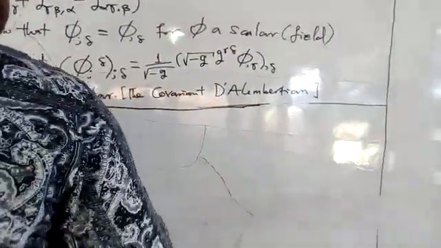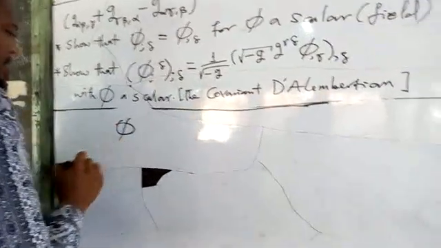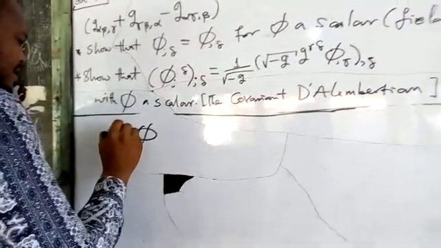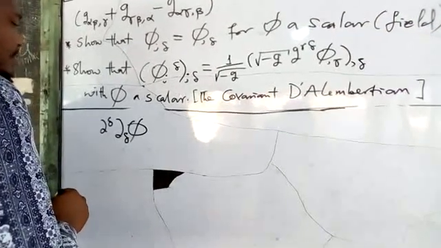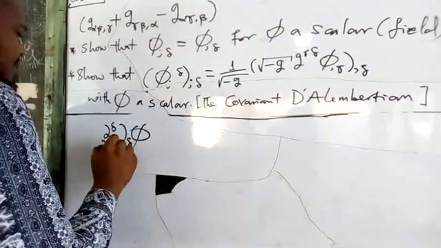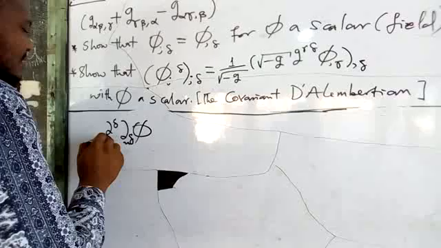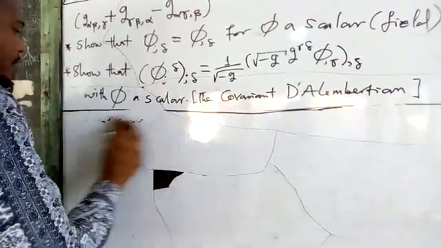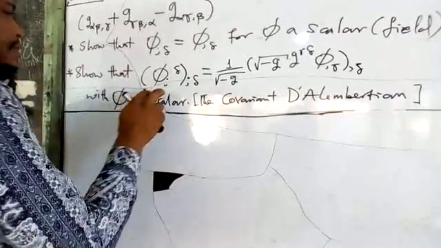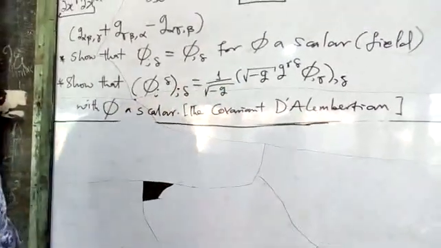Okay, this will mean, for instance, the usual D'Alembert, maybe this, that is what you have. But instead of partial derivatives, you have covariant derivatives replacing this. And this is what we have written over here. So we want to show that this expression is equal to that.